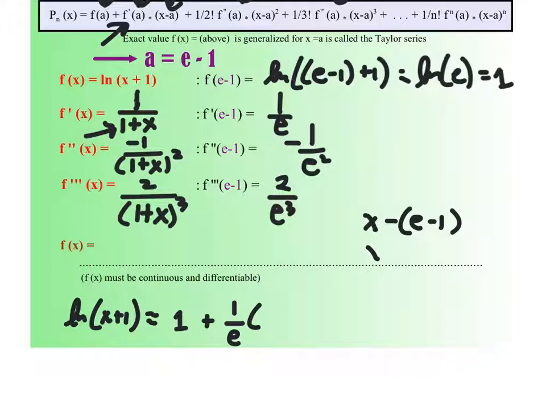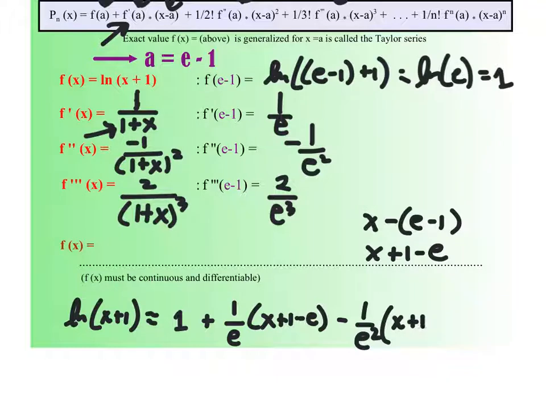That'll be the same as x plus 1 minus e. So let's write it like that, x plus 1 minus e. Okay, minus 1 over e squared, that will be, again, x plus 1 minus e, this time to the second power, and don't forget to divide by 2 factorial.